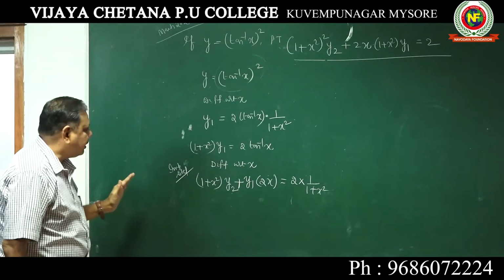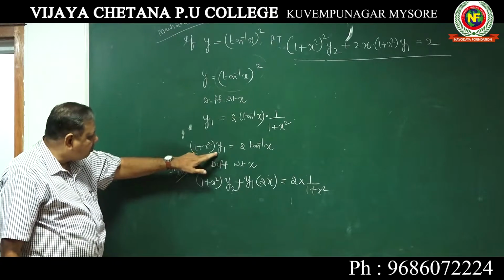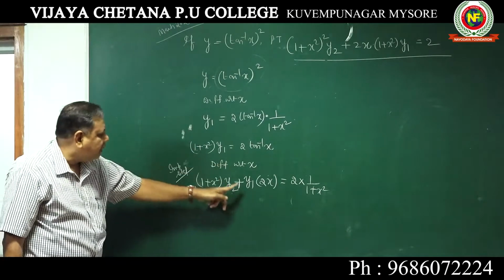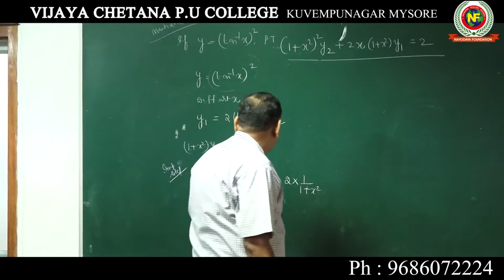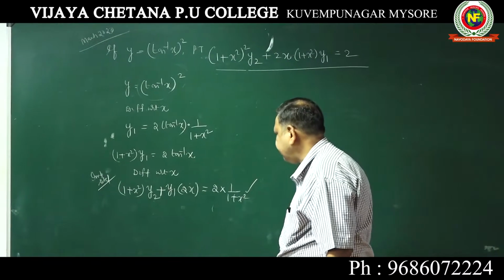Why it is an important step: when you are differentiating by product rule, this into d by dx of y1, y2, plus y1 into the differential coefficient of 1 plus x square, it is 2x, is equal to 2 into 1 over 1 plus x square.